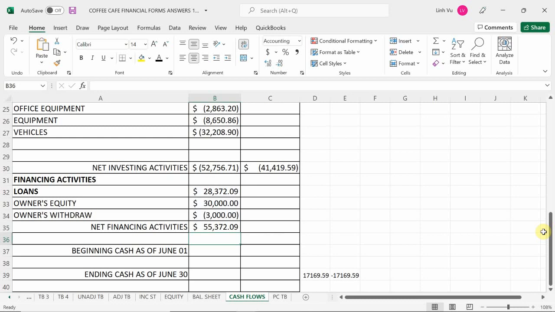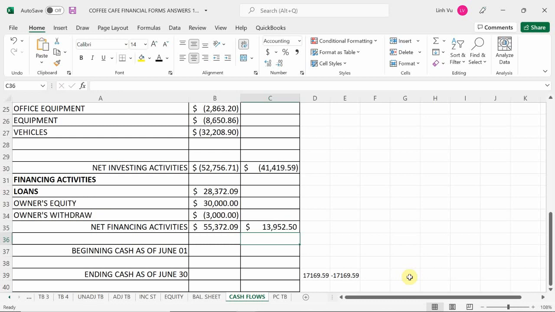And that is where, since that's our financing activities, we now need to add that to our net right now to find out how much cash we should be having. So we have $13,952.50 remaining.